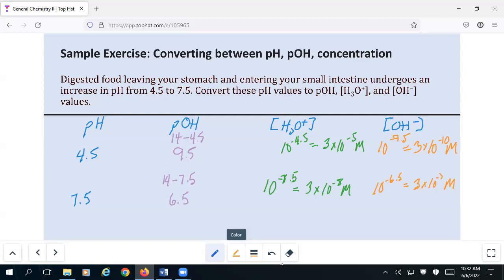Which is also why when we measure pH in the lab, we will measure it to 2, if not 3 decimal places for that reason. The precision matters. All right, any questions on this kind of interconversion process?